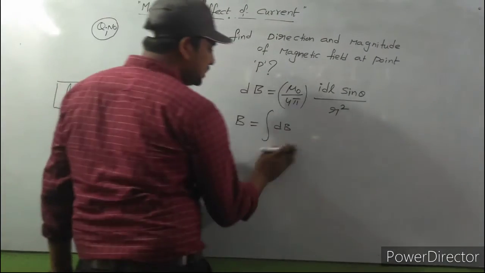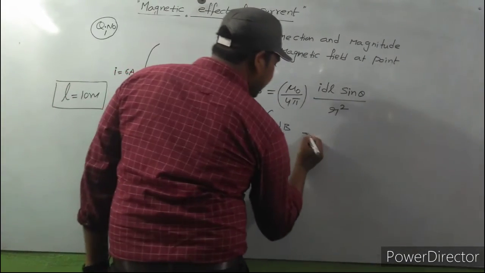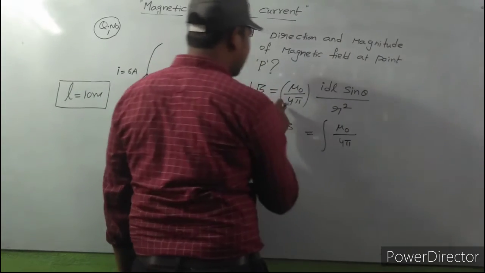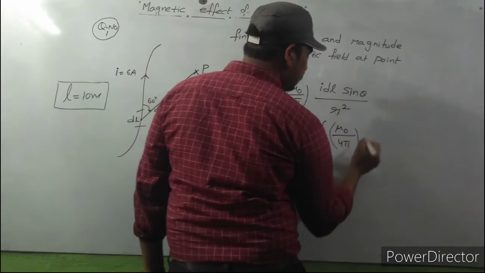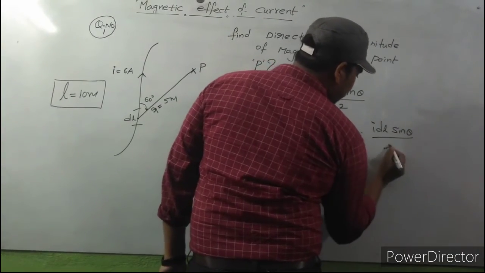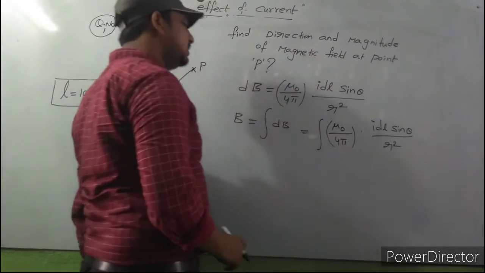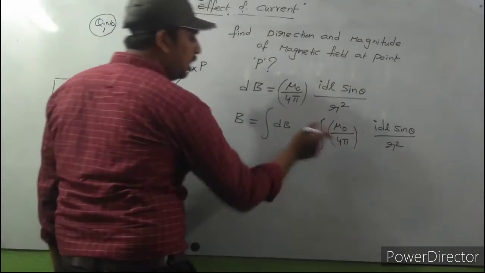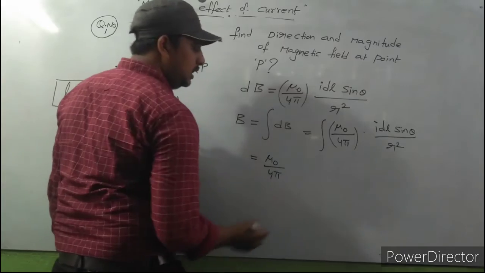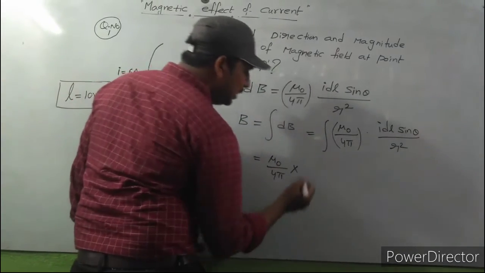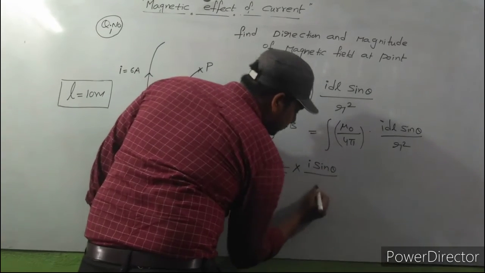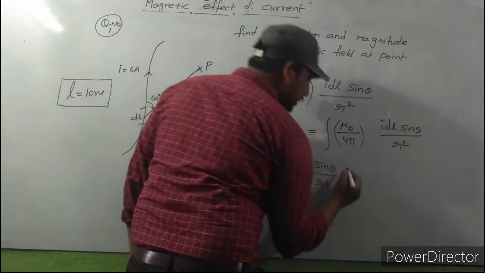So B is equal to the integral of dB. What is the dB value? Mu naught by 4 pi into I dl sin theta by R square. Here mu naught by 4 pi is constant, I is constant, and sin theta by R square is also constant. So what is left here?